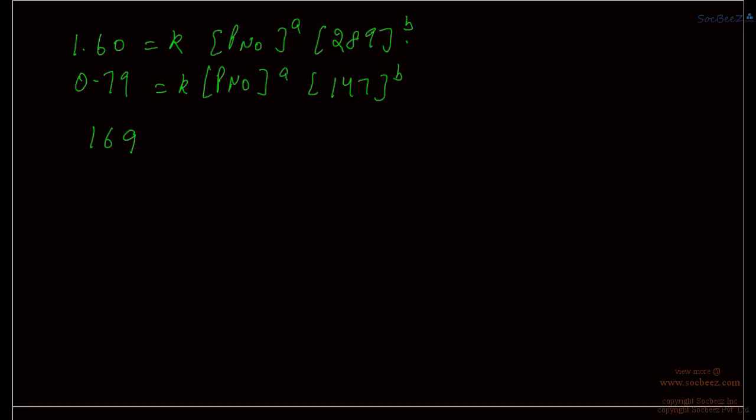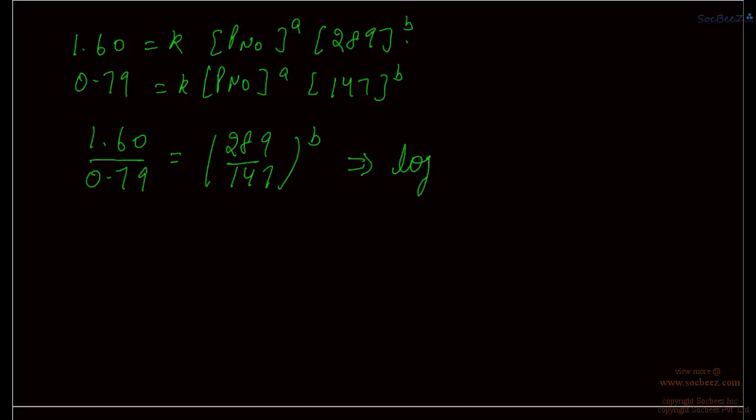Now if we divide this expression by this one, we get 1.60 upon 0.79 equals 289 upon 147 to the power B. Okay, so here if we take log on both sides, we get log of 1.60 upon 0.79 equals B into log of 289 upon 147.